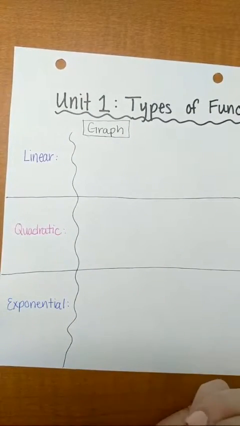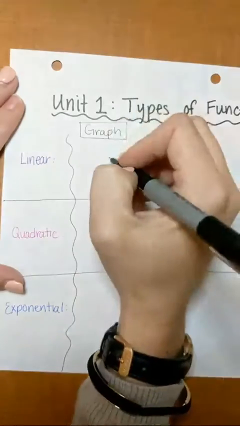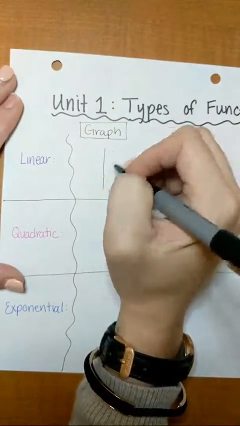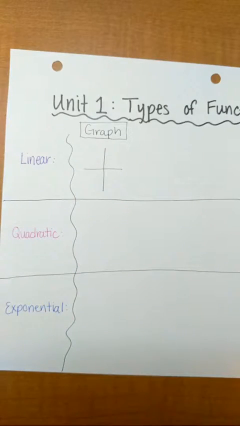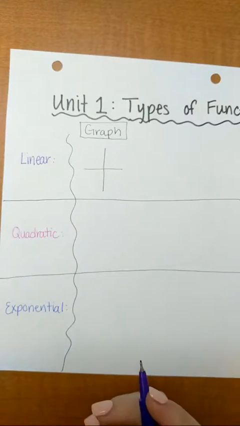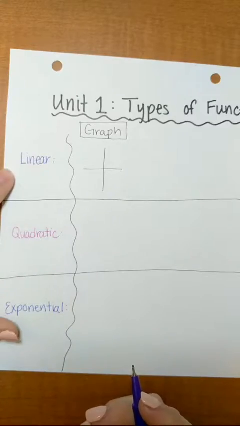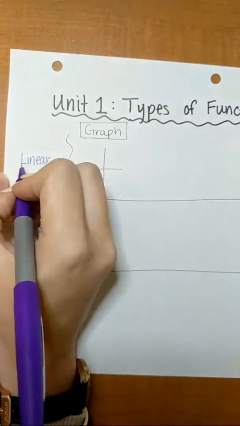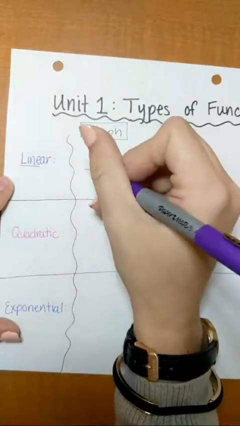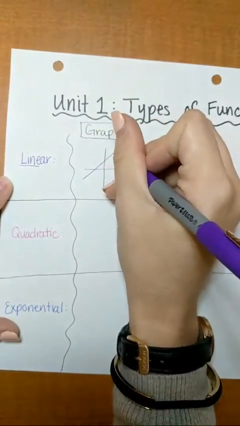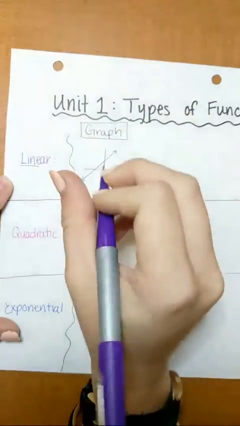So a graph of a linear equation, which is kind of given to you in the name of it. So linear meaning line. So this needs to be a straight line.